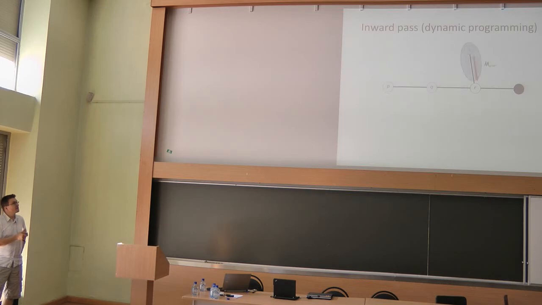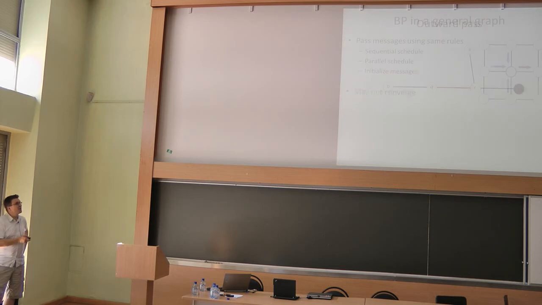There's another message from S to R. And now there is a big message which takes the incoming message here, the incoming message here, the unary term, and this pairwise term, and then computes the new message. And that's up to this node here. Now with this message here, this message here and the unary, we can compute the optimum, and then we can trace it back as we've done before with the links, and this gives you for a tree the optimal solution.